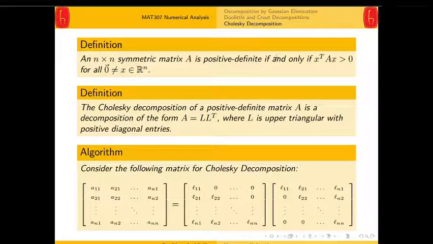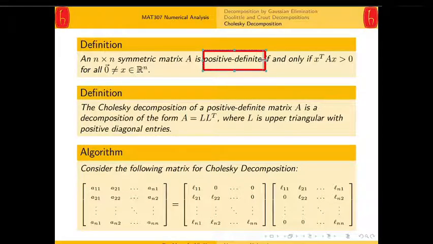Okay, Cholesky decomposition. Let's start with the definition. An n by n symmetric matrix A is positive definite if and only if for any non-zero vector x, x transpose A x is greater than 0. Then we call this matrix positive definite.